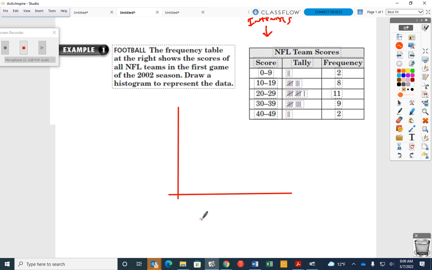Now, your intervals are always going to go on the bottom, and up here is always going to be your frequency. If my intervals are on the bottom, they all have to be the same. So let's put these into equal groups.